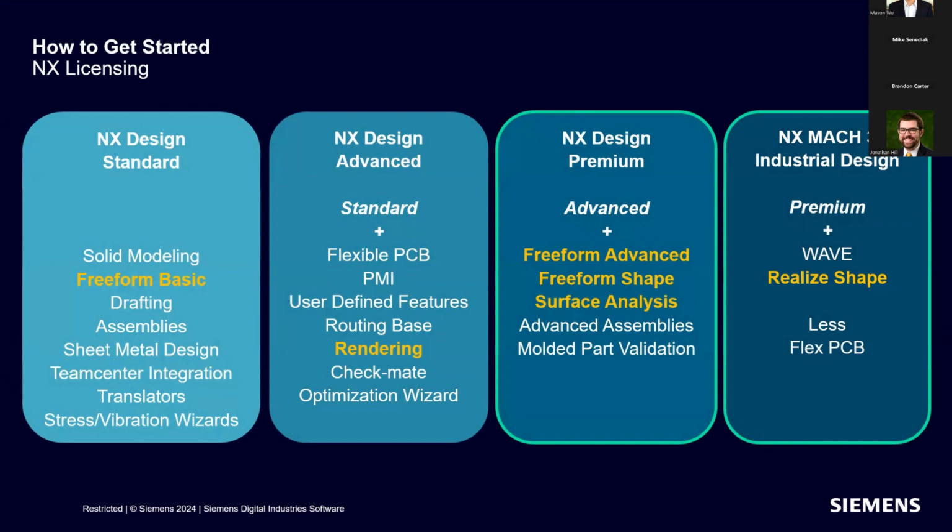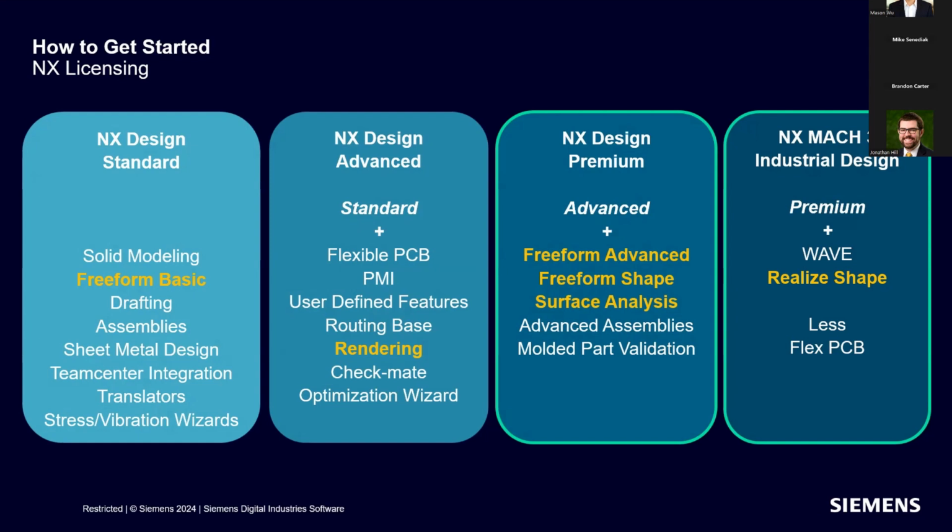What you can see from what I demoed today, the basic freeform comes with standard. The rendering, if you wanted some of the photorealistic rendering, that's in the advanced. But really, premium is what's going to give you all of the advanced freeform, the freeform shape, the surface analysis, all of those tools. So if you really want to accomplish the tasks that I demonstrated, premium is where that really has to happen for all of the surfacing.